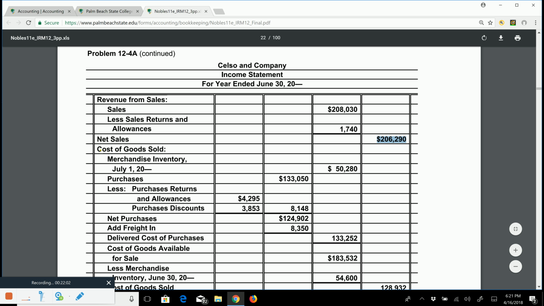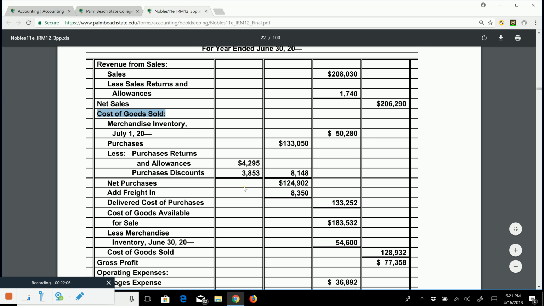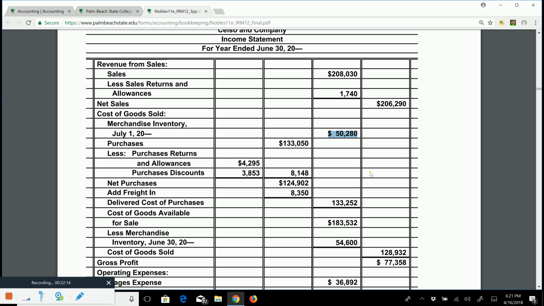Now our cost of goods sold section. Our cost of goods sold section, there is a formula. What we're going to do is start with beginning inventory, and this is the number that comes directly from the beginning trial balance. From the beginning inventory, we're going to add up our net purchases. So what did we purchase? Purchases of $133,050, less our contra purchase accounts.